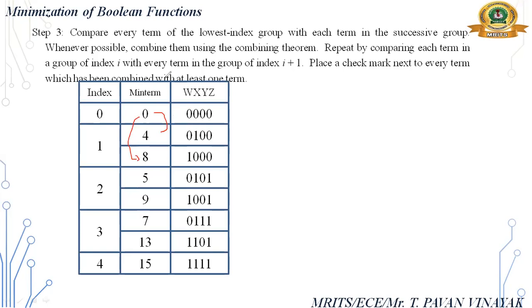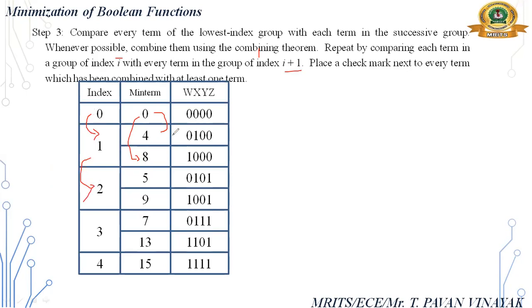The comparison is done for i and i plus 1 only. Means if I take 0, you compare 0 with group 1 only. Don't compare these two; it is not possible. Next possible is 0 and 1, then 1 and 2, right?